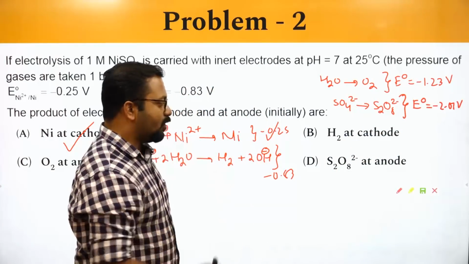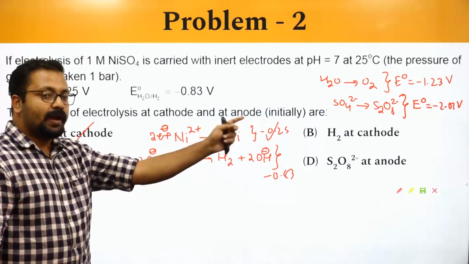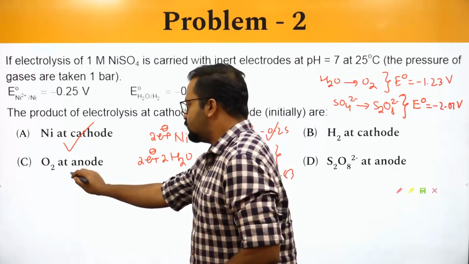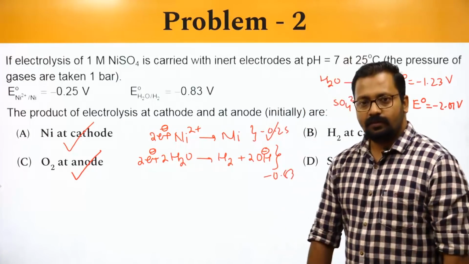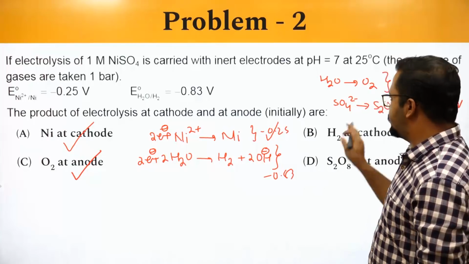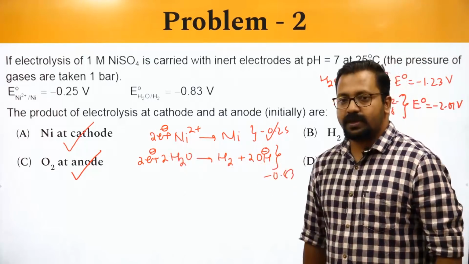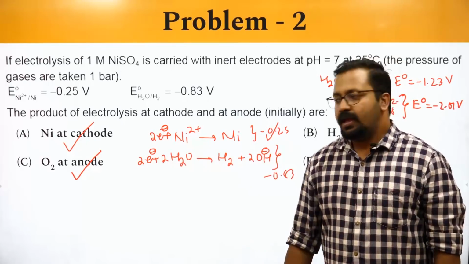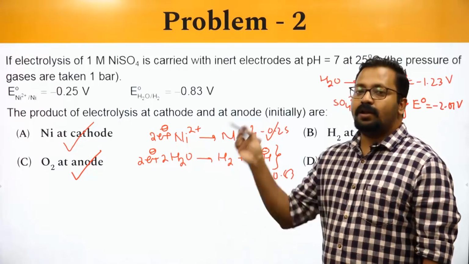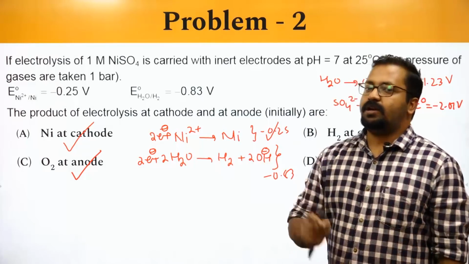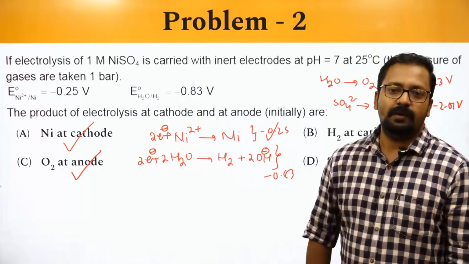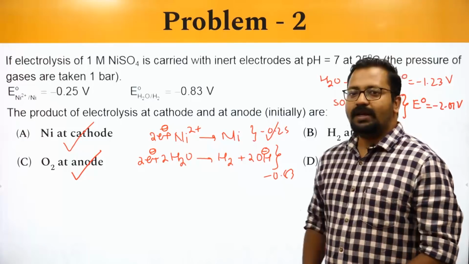Because of that, S2O8 2- is not going to be liberated at the anode. What will be liberated at the anode is oxygen. Whenever you see a reaction where sulfate and water are present, O2 will be liberated. If chloride is present, O2 will not be liberated; chloride will be liberated if the concentration of chloride is appreciable. If the concentration of chloride is very low, then oxygen will be liberated. Okay, let's move on to the next question.